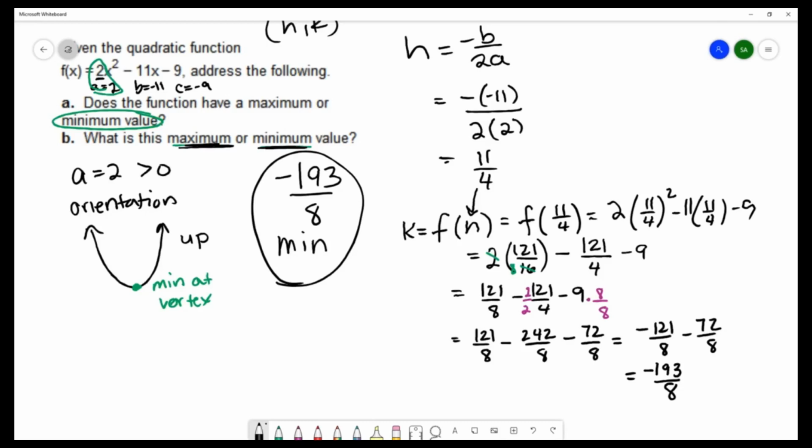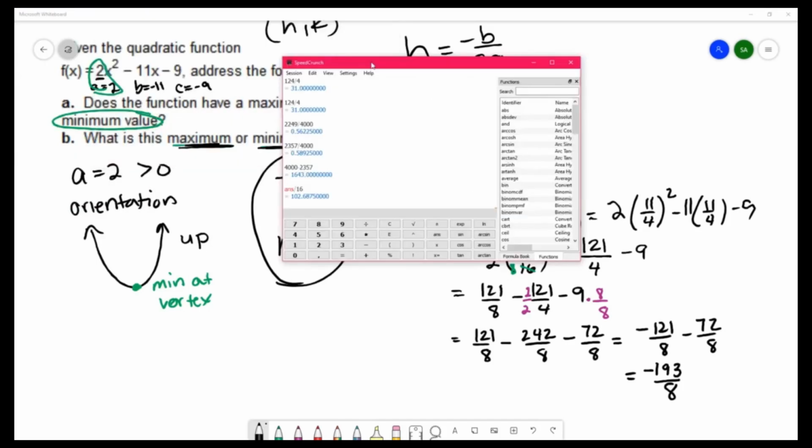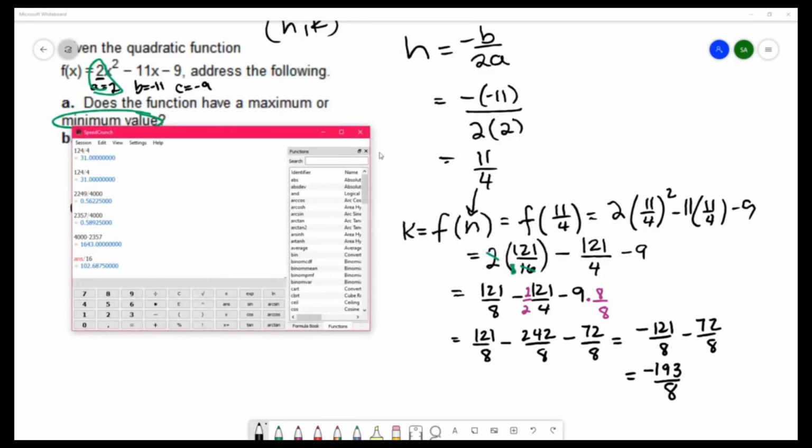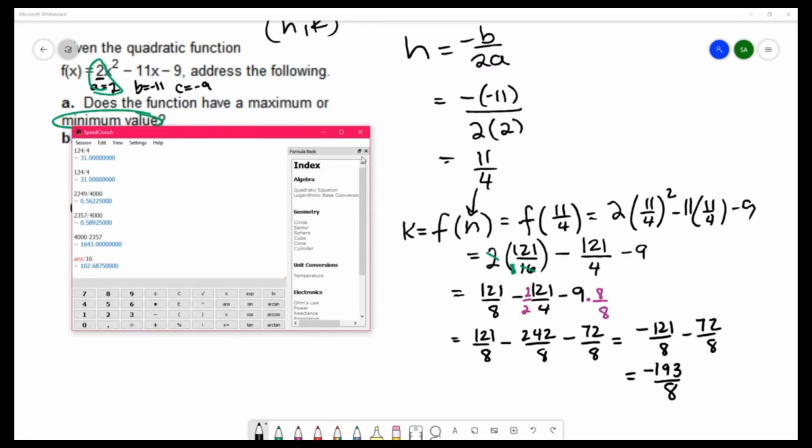So let me bring my calculator up. I've got this calculator here that I've downloaded. And it's got a negative 193 over 8. And that gives me a negative 24.125.